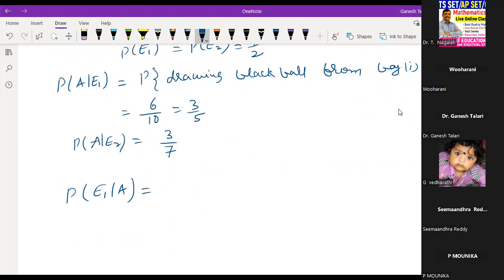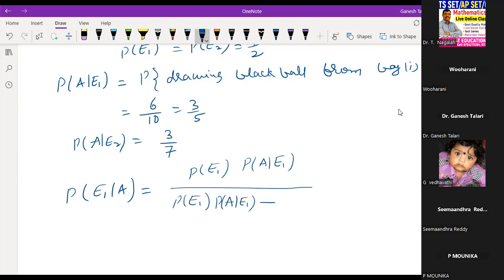That is probability of bag 1 and probability of the black ball from bag 1, upon total, that is probability of E1 times probability of A given E1 plus probability of E2 times probability of A given E2.